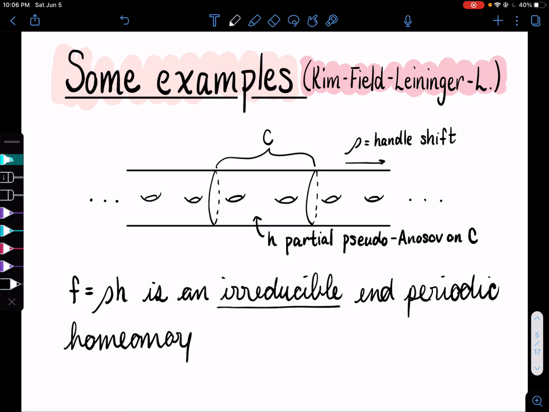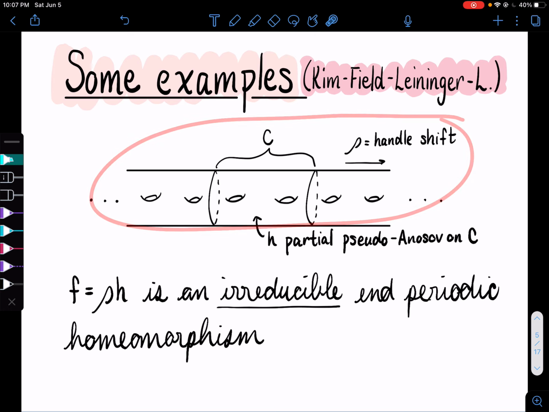This is a single example that I've shown here, but we can actually show this for any infinite type surface with infinite genus and finitely many ends accumulated by genus. We can provide examples of these irreducible and periodic homeomorphisms with any given end behavior.